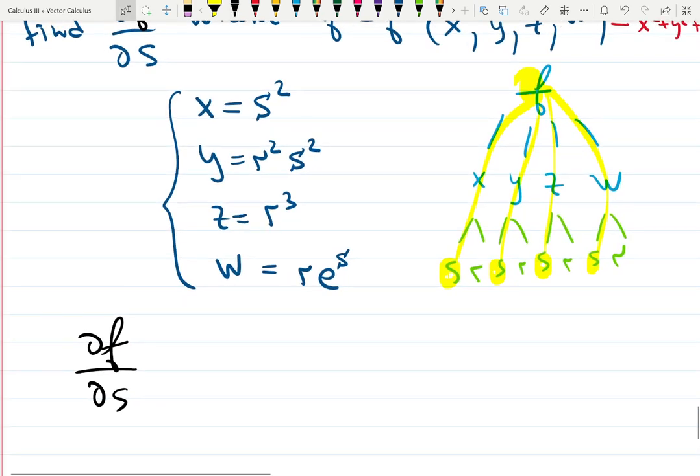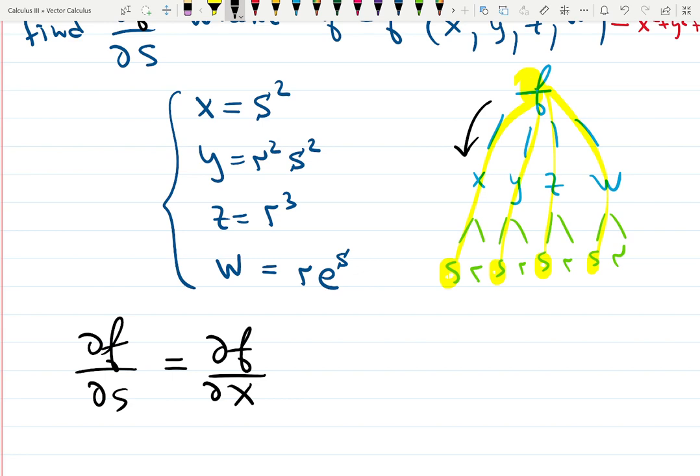I start with the first one on my diagram: the partial derivative of f with respect to x first. This is my first level. To get to the next level, a deeper pocket, I will do times, which means and. And means times in math, or means plus. So times: partial derivative of x with respect to s. Because x depends on s and r, it's a partial derivative.